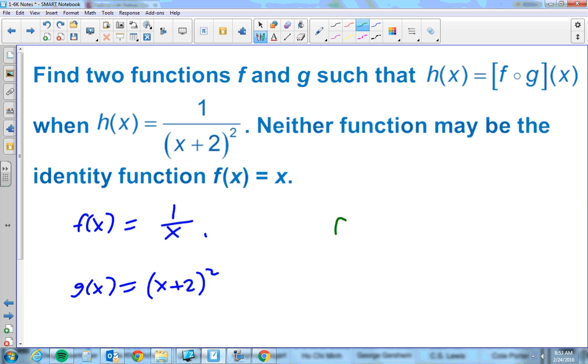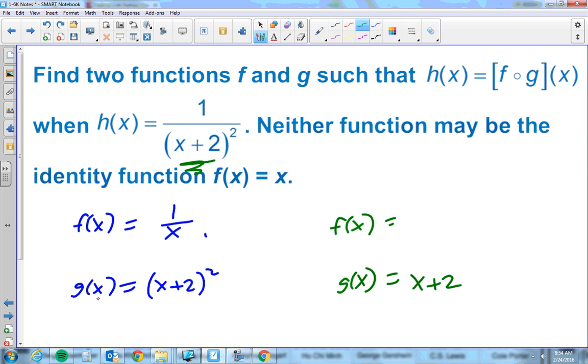Another thing you could do is think of it this way. The function does three things: adds 2, squares, and reciprocal of. g did two of those, and f only did one. Well, let's take some of the load off of g. If g is only going to do one of these two things, which one has to stay with g? The adding 2 or the squaring? The first thing, the adding 2, has to be part of the inner function. That's what comes first here, yes?